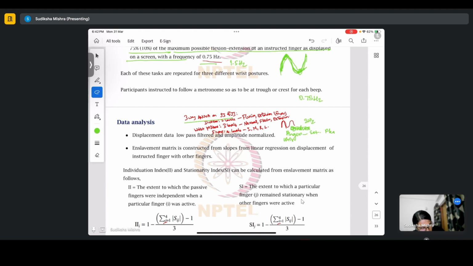Wrist was either extended or flexed or in a neutral position. And the index, middle, ring, and little fingers were considered.